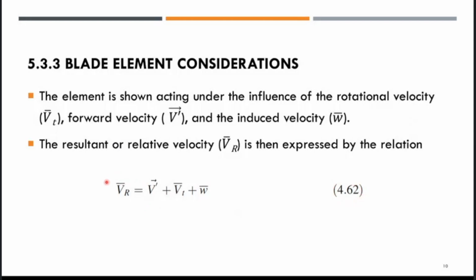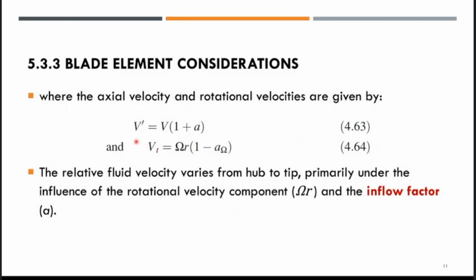The resultant or relative velocity V cap R equals the forward velocity component plus the rotational velocity as well as the induced velocity. The axial velocity and rotational velocities are already given over here.